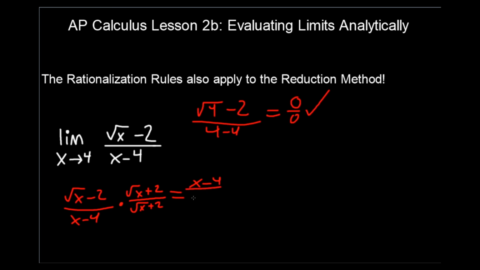And the denominator becomes x minus 4 times square root of x plus 2. Obviously since we have an x minus 4 on the top and the bottom, we can cancel these. So now we have 1 over the square root of x plus 2. Now we plug in our 4, so 1 over square root of 4 plus 2, and the square root of 4 is 2, like I said earlier, so now we just get 1 over 4.